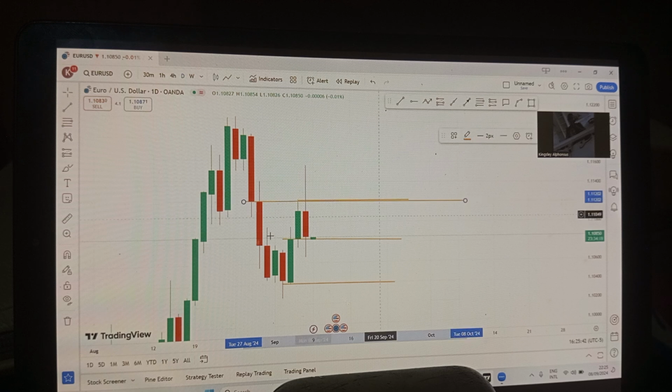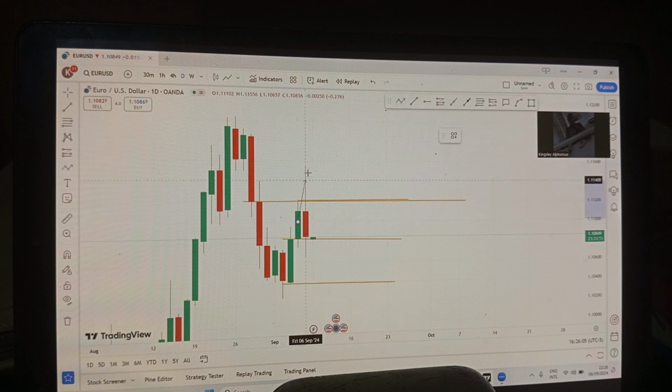As you can see, this market tapped into this zone and rejected. You see this market rejected from this key level here. So we should be looking for more sells because this key level is for sells. Had the market broken above this key level, we'd expect a retracement back to that same key level that got broken, then we expect a buy to the upside.